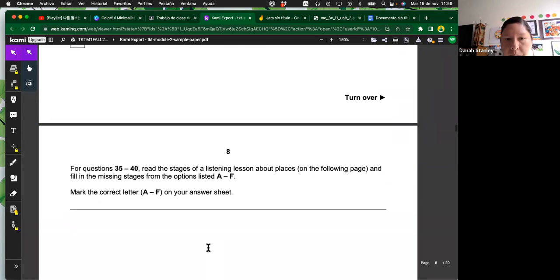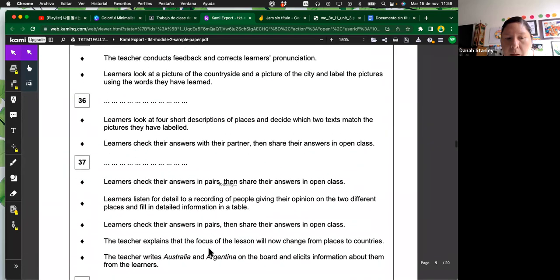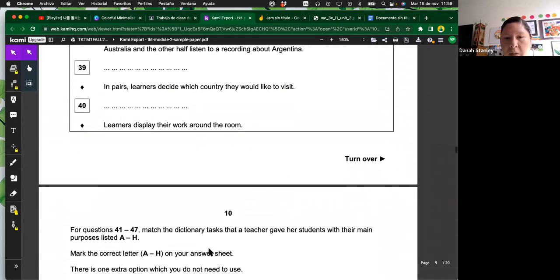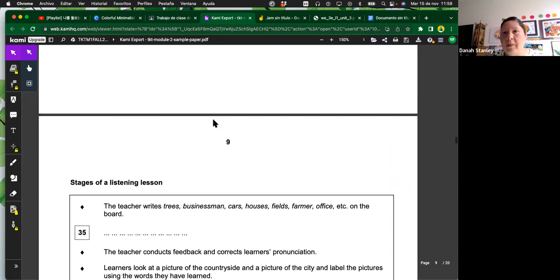Y la 8, que es de un listening. Igual es de los objectives. Y ya los demás son del material que vamos a ver mañana. Entonces, páginas 7 y 8 de tarea. Si pueden, si no nada más léanlo y obsérvenlo. Y mañana igual lo hacemos juntos, ¿ok? Y lo analizamos juntos, ¿les parece?